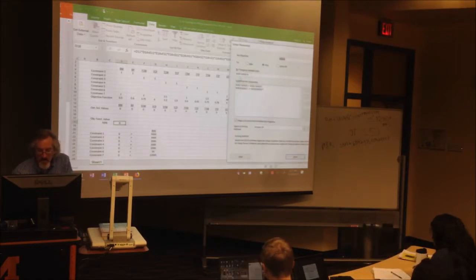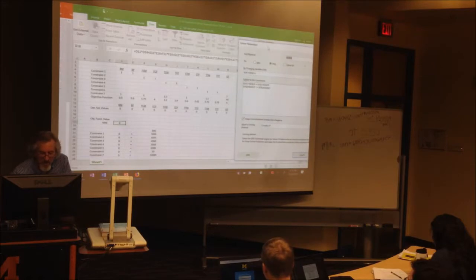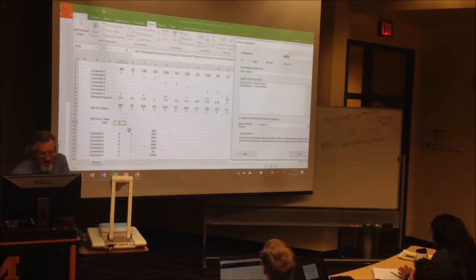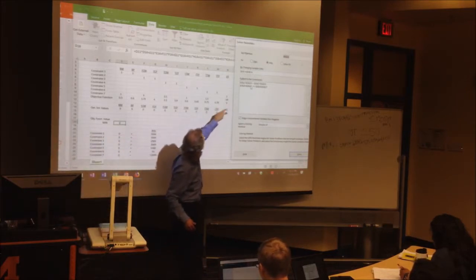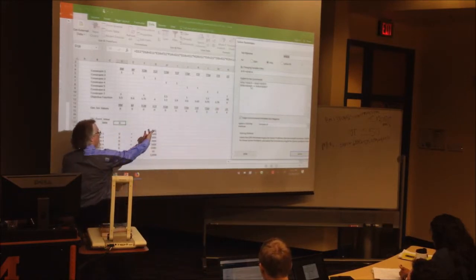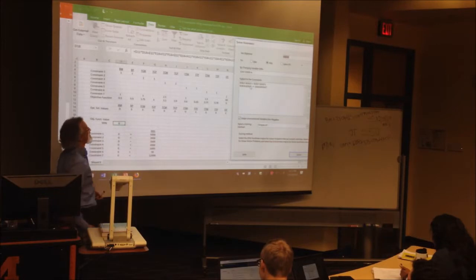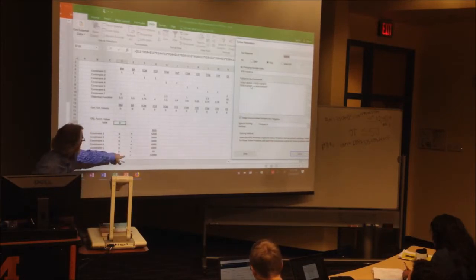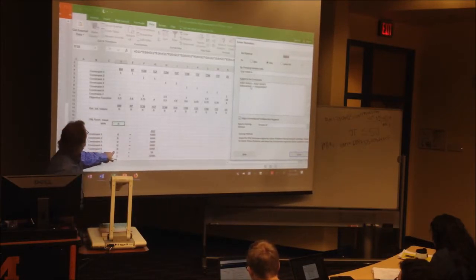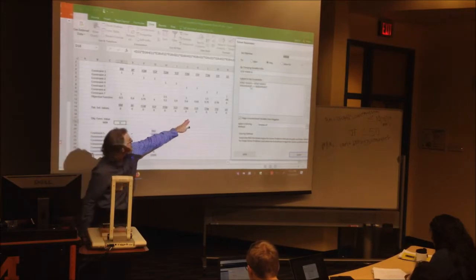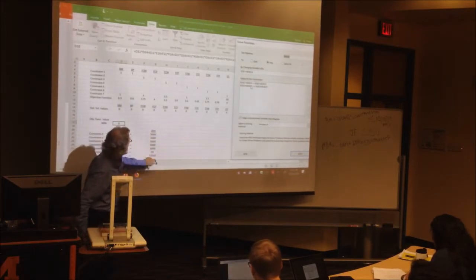We want the optimal solution to go from D14 all the way over to N14. Here are our constraints. D21 through 25 have an equal sign with G21 through 25. And then these bottom two are less than or equal, so E26 and 27 less than or equal to G26, 27.